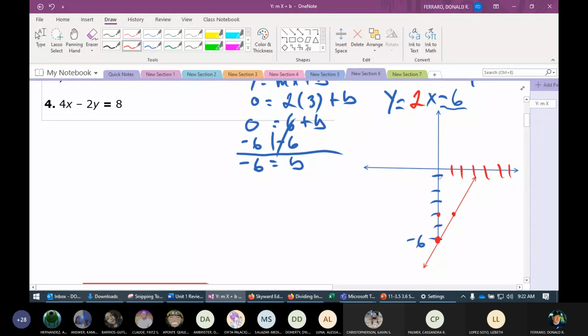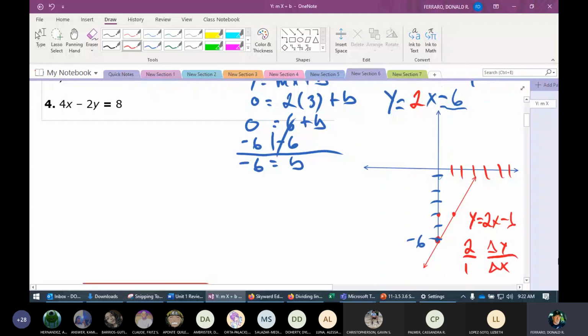Again, my equation here was y equals 2x minus 6. I used minus 6 as my starting point on my y-axis, and I went up 2 and over 1 because 2 as a fraction would be 2 over 1, the change in y, positive direction, over the change in x.